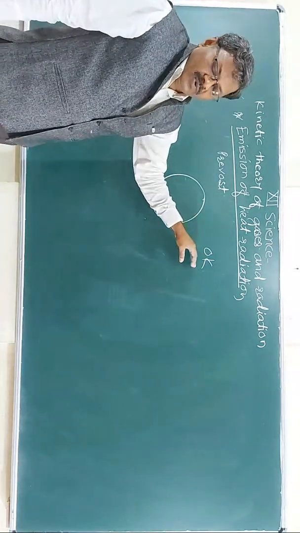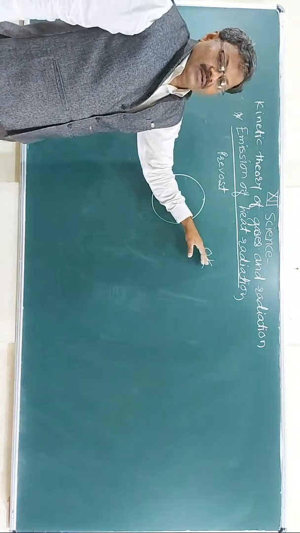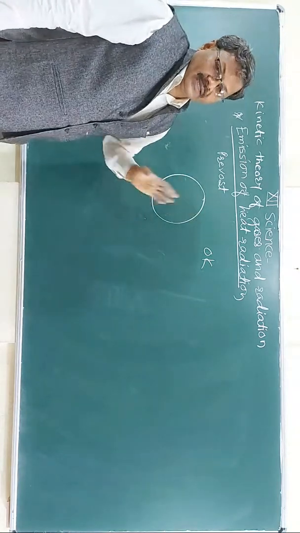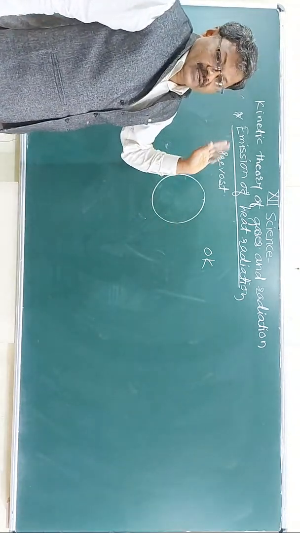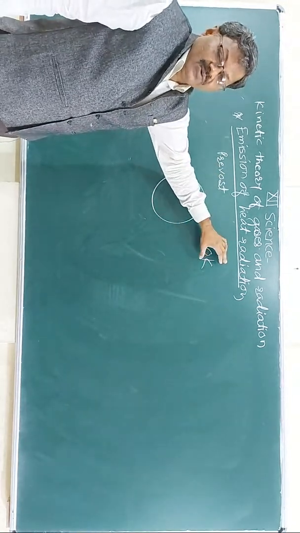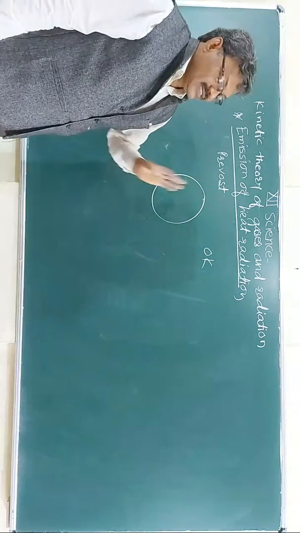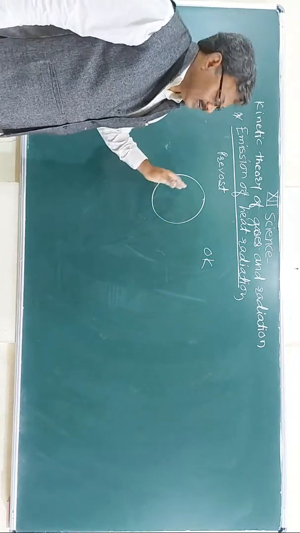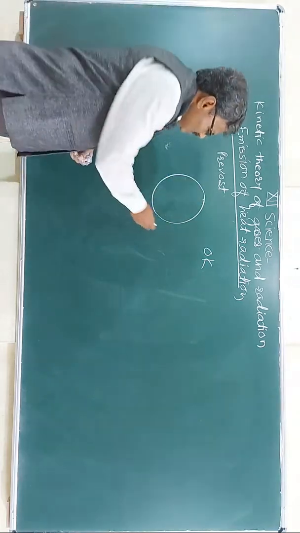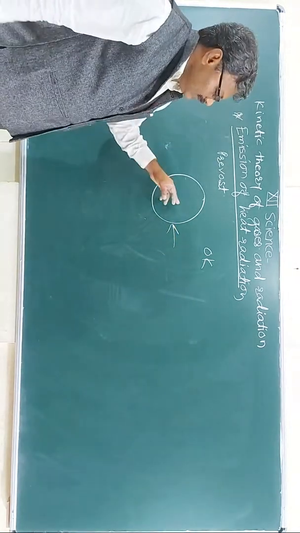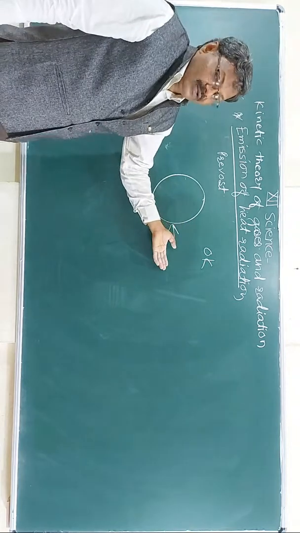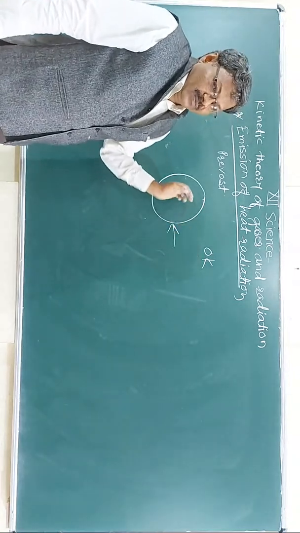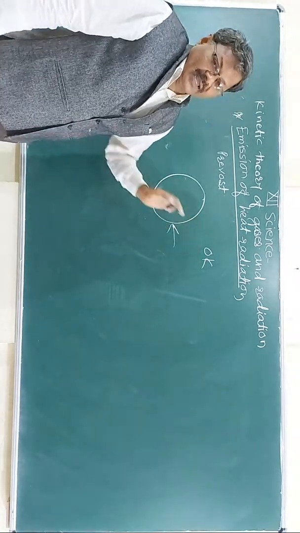Only when the body's temperature is 0 Kelvin does it not radiate energy. This energy is thermal energy, or radiant heat emitted by the body. Also, at the same time, it absorbs radiant energy from the surroundings. So there is a heat exchange between the body and the surroundings.